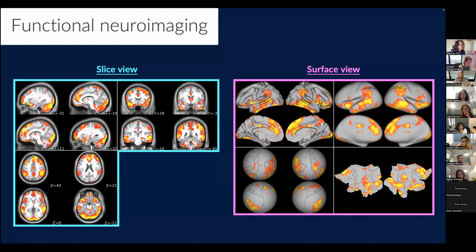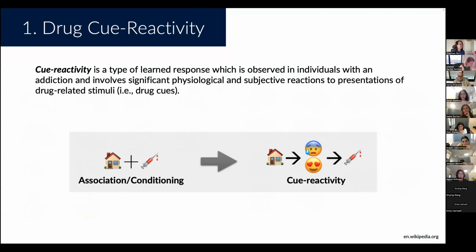Okay, I will then move on to talk about Cue-Reactivity. Cue-Reactivity is probably one of the most well-studied phenomena in the fMRI literature for addiction. And by definition, Cue-Reactivity is a type of learned response in people with an addiction to presentations of drug-related stimulus. And this response can be either subjective or physiological.